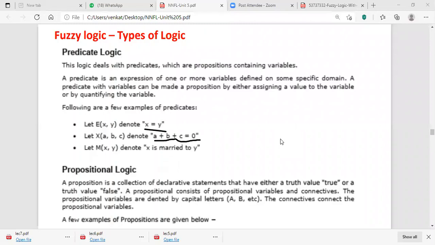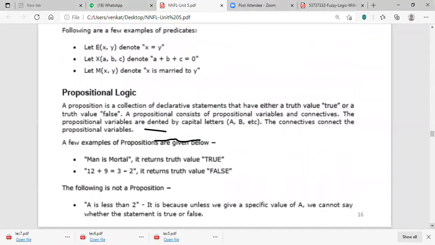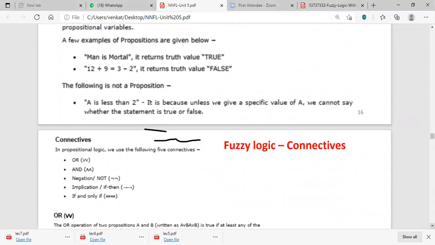The propositional variables are usually indicated by capital letters, and the connectives are or, and, complement. Some of the connectives are negation, which is nothing but complement, implication, and if and only if.